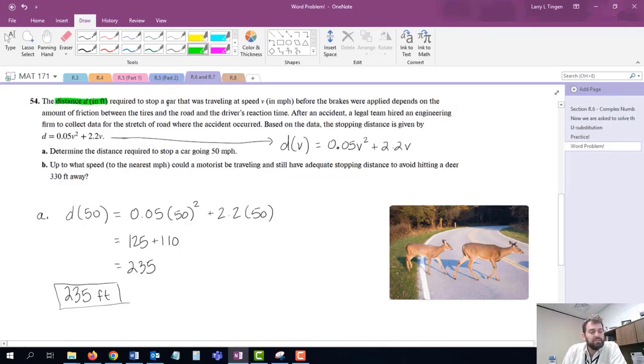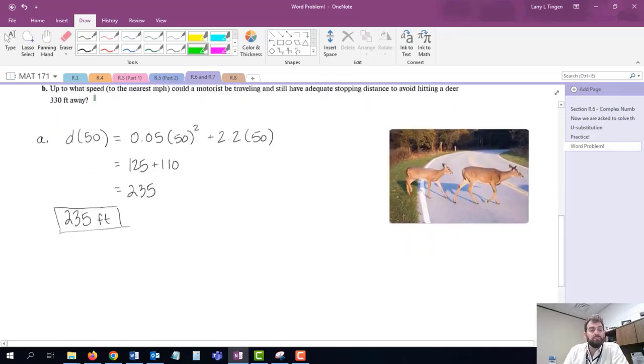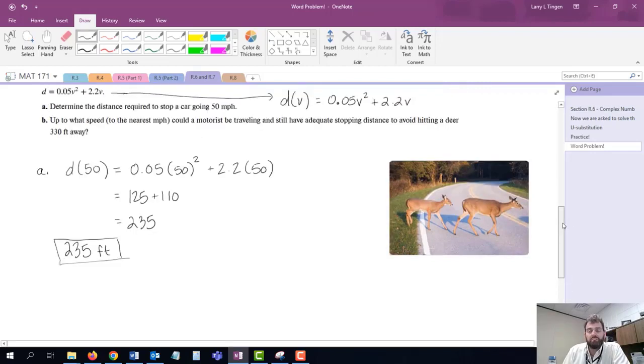They tell us distance is in feet and speed is in miles per hour, okay? So when I plug in the speed in miles per hour, I'm going to get out distance in feet. So the math is already done for us. Unlike the problem with the vertical leap, where they didn't specifically tell us the output unit.